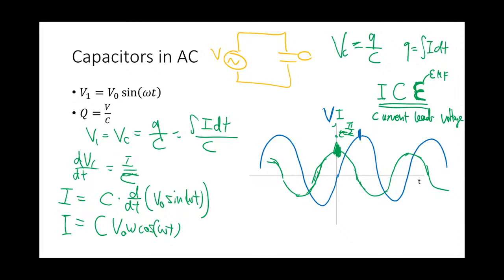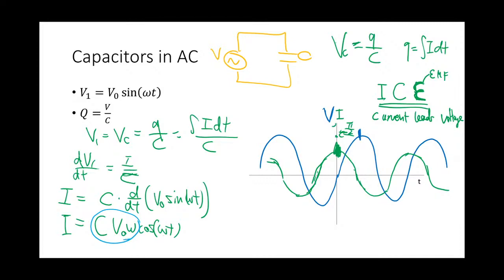So that's the qualitative part of it. To make it quantitative, we want to cast this to look something like what we had in the resistor. In the end, you still get a sinusoidal function of a certain frequency, but it's cosine instead of sine, so we have to do something else there.